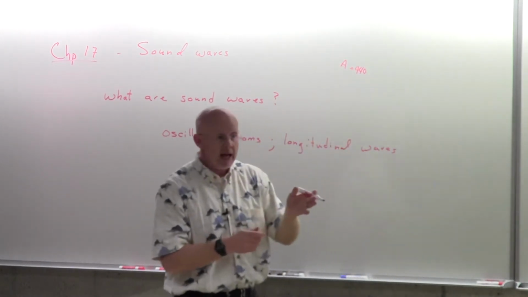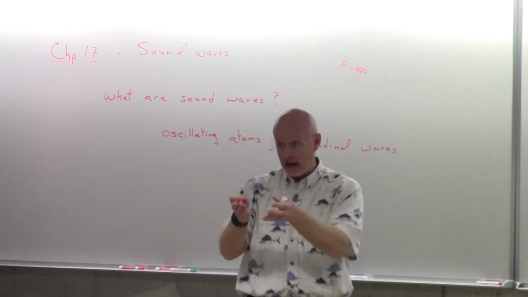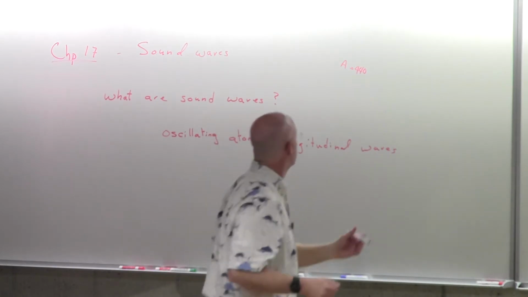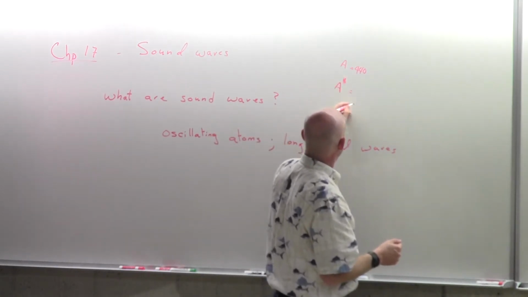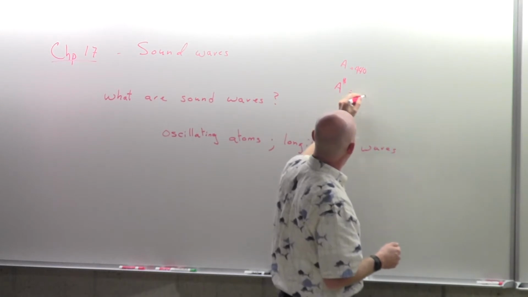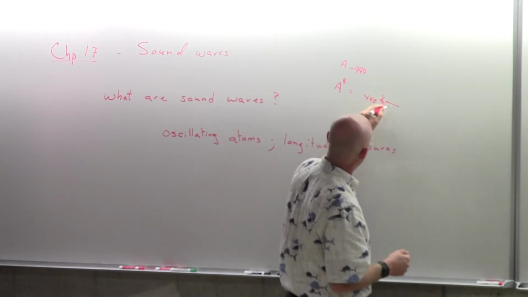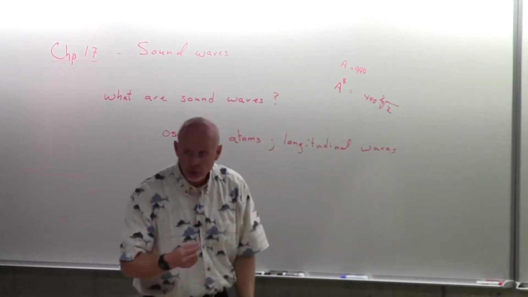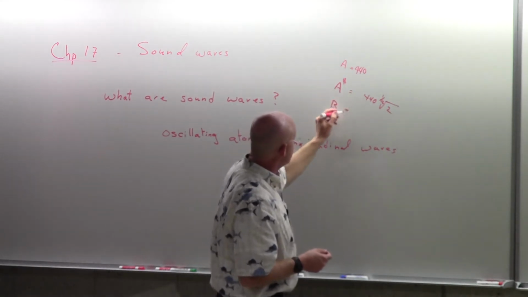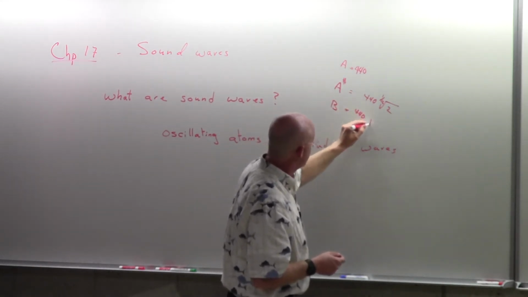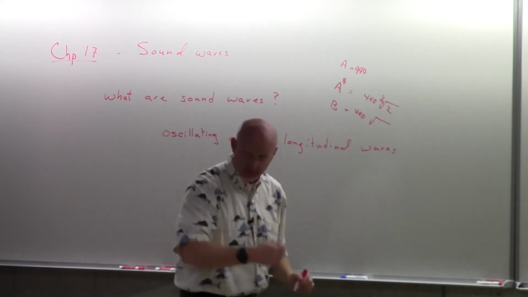Okay, so here's A, and if I go up to the next note, including half steps, so A sharp, that would be 440 times the 12th root of 2. And so then if I go from A to B, that's 440, and now I'm going to go 2 steps.